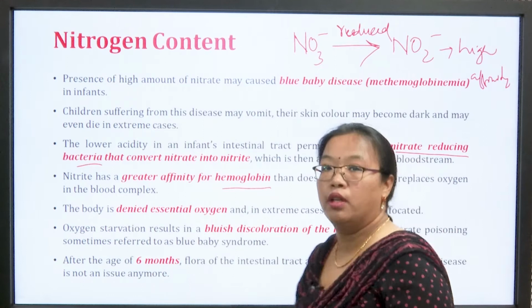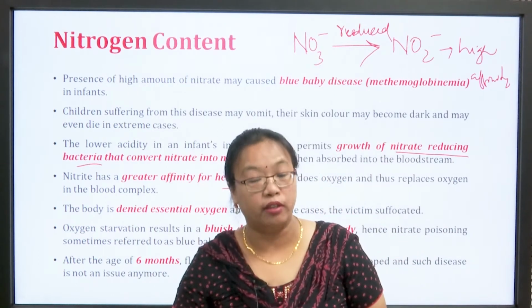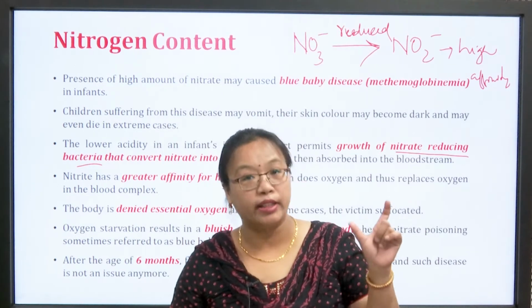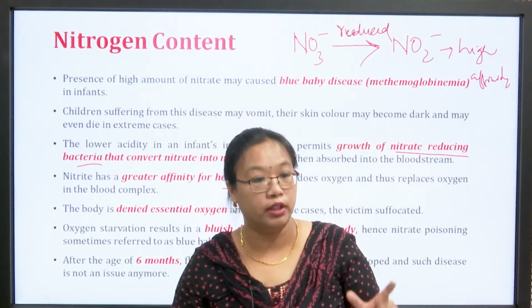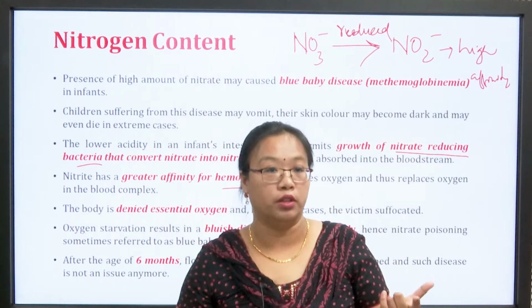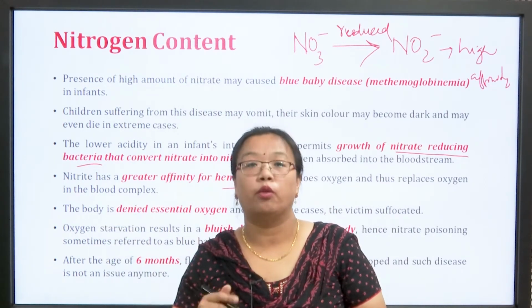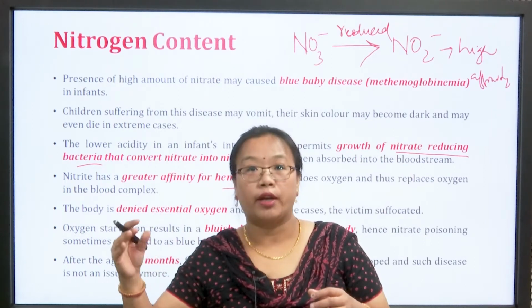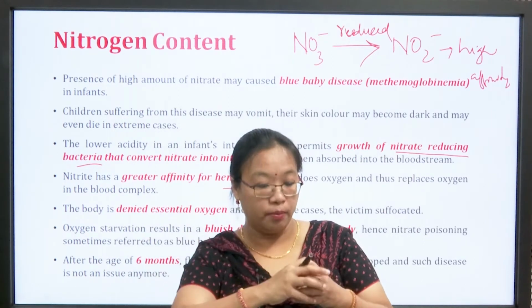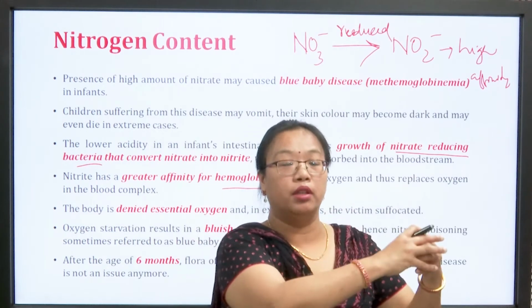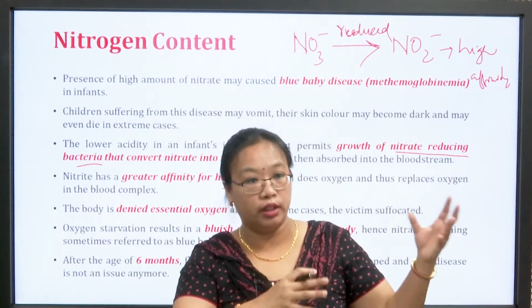So, that nitrate is going to get converted into nitrite in their intestinal tract. That nitrite has a very good affinity for hemoglobin, more than oxygen. And what is hemoglobin? It is supposed to carry oxygen from one body part, from your heart, to other body parts, right.